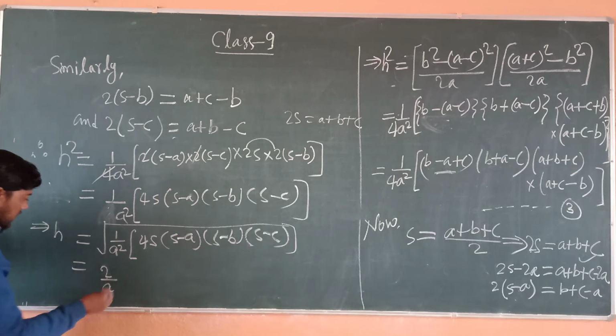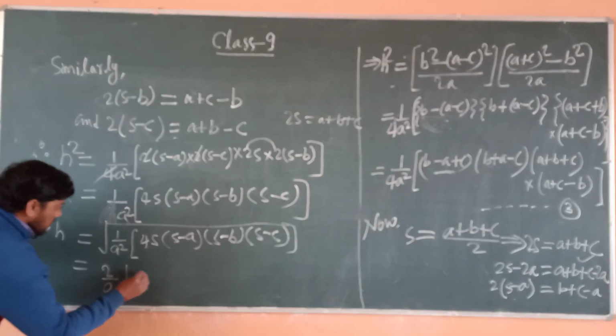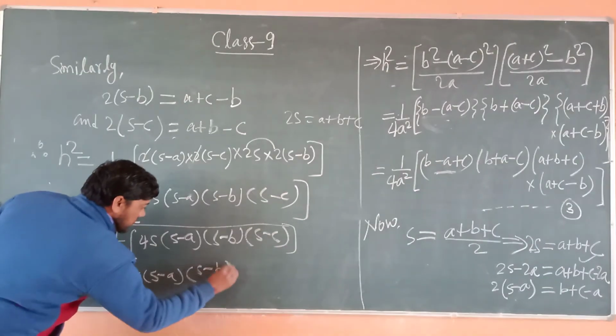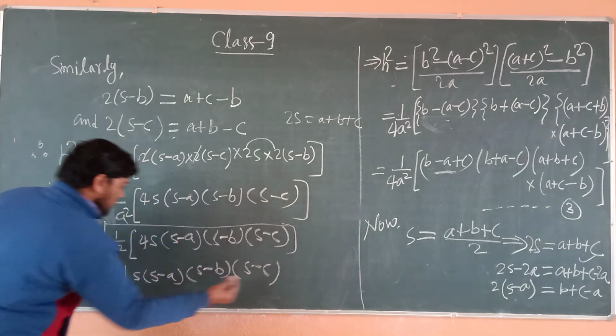So h is 2 upon a into under root s into s minus a into s minus b into s minus c.